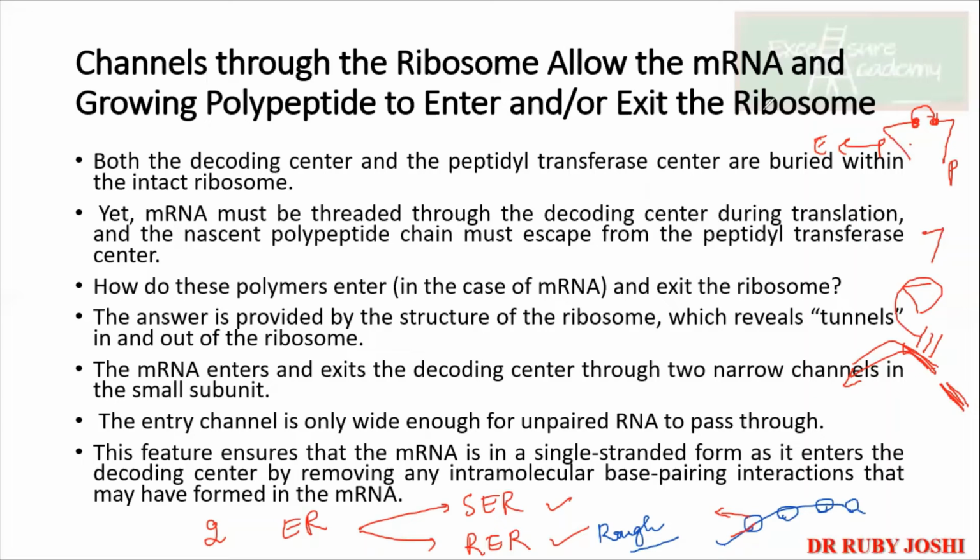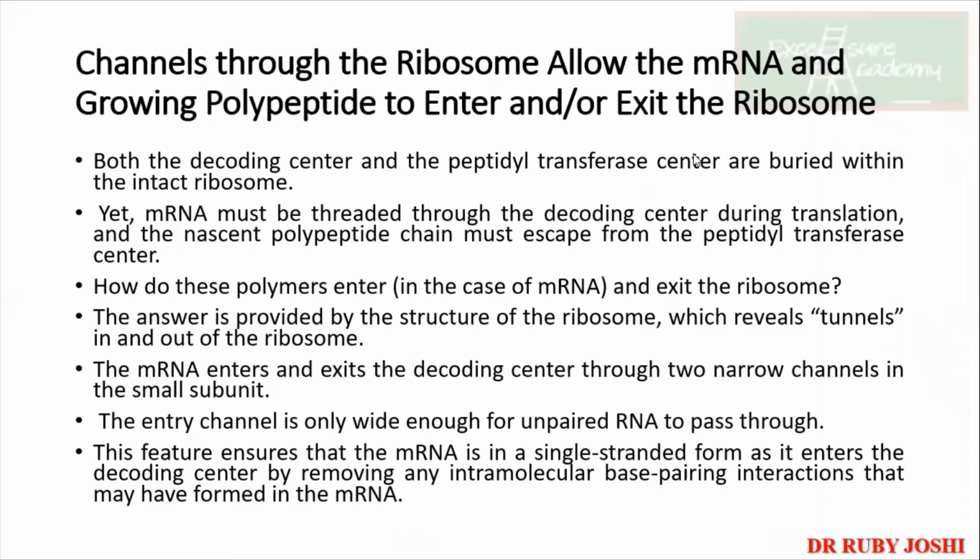The one in A will come to P, and my A site is now empty. Now the new tRNA will come with the charged amino acid. Okay, did you guys get the point? Some imagination must have become clear, like how the translation is happening. Did you get a little idea?